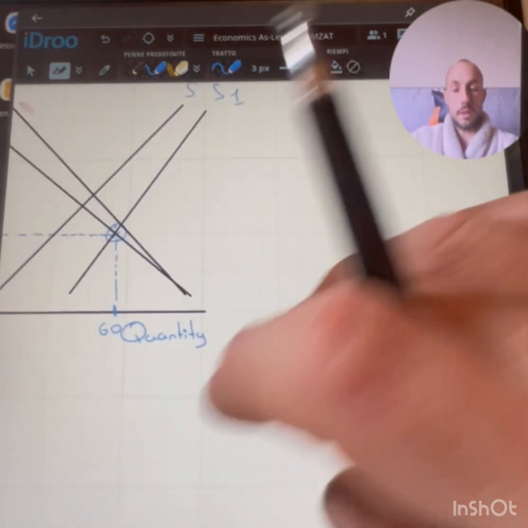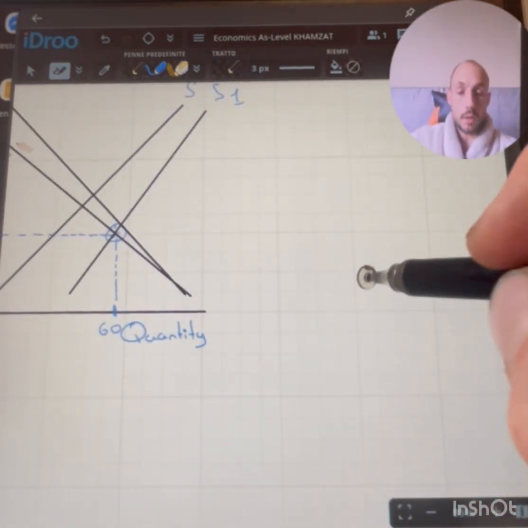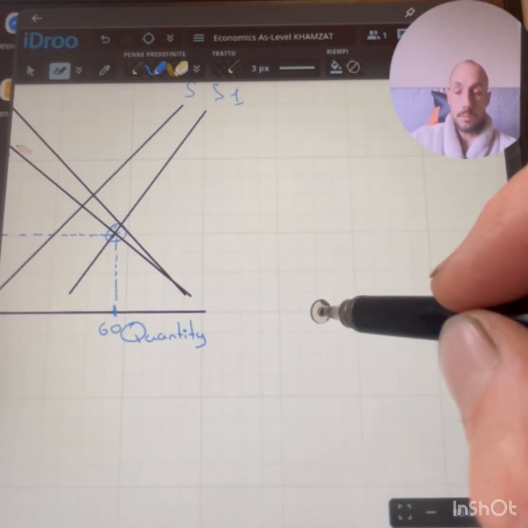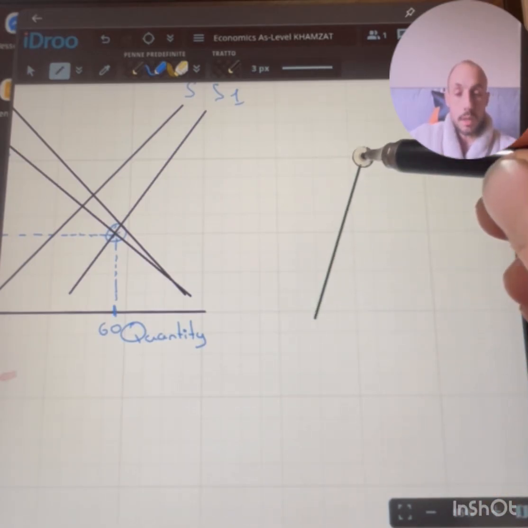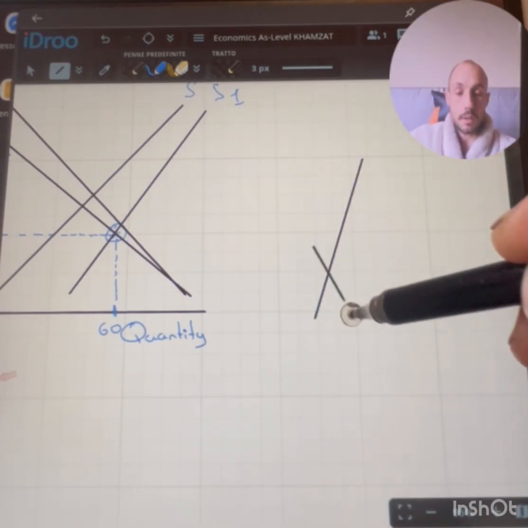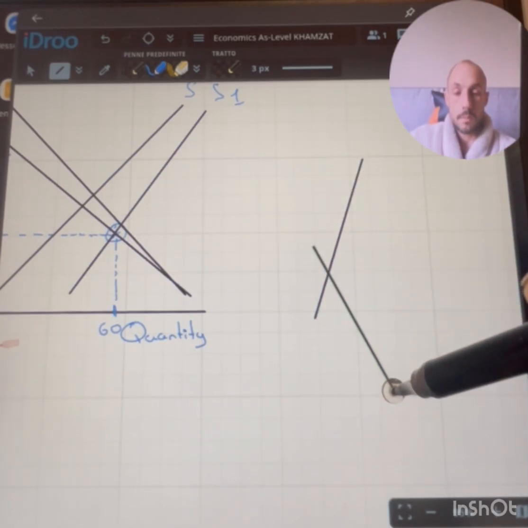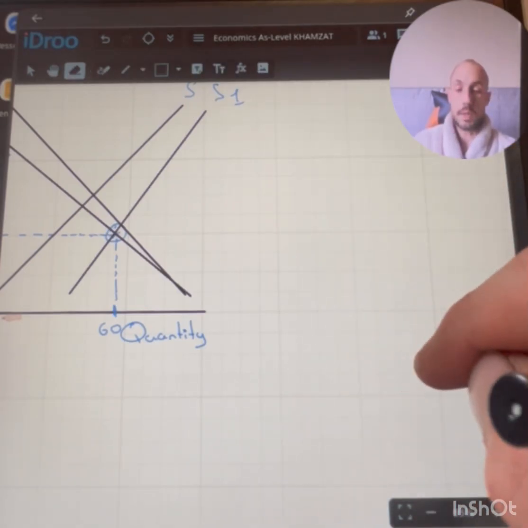The best idea would be 1, 2, 3. So the supply must be something like this, and the demand must be something like this. Yes, something like that. It doesn't look like it, but they are different. Anyway, it doesn't really matter.